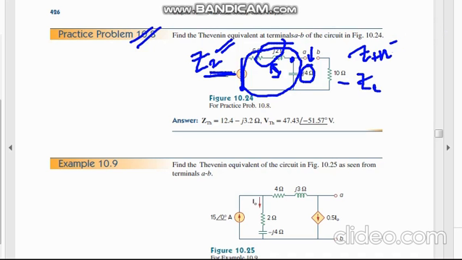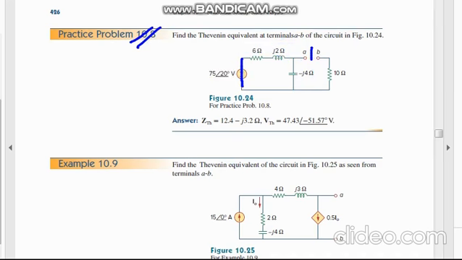After that, finding out this equivalent circuit Z Thevenin, if you want to find out V Thevenin, looking at that port, first of all apply Kirchhoff's voltage law or the voltage divider rule, you have to find out the voltage across this part.